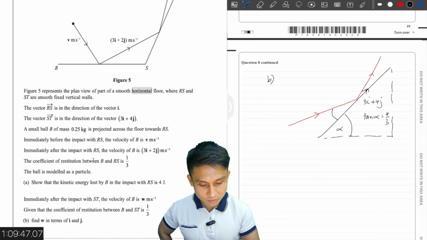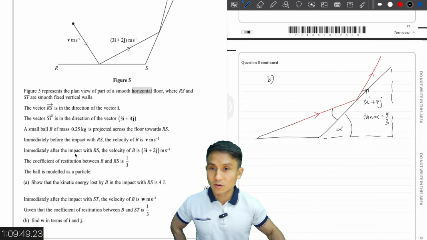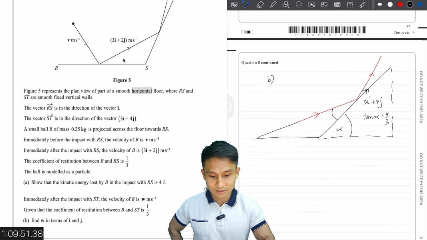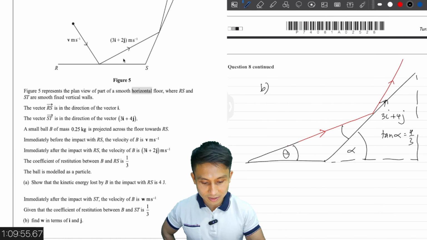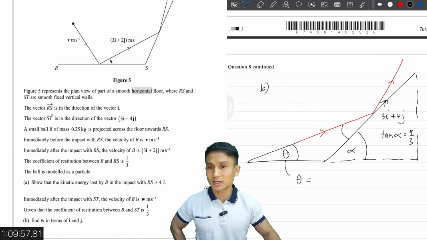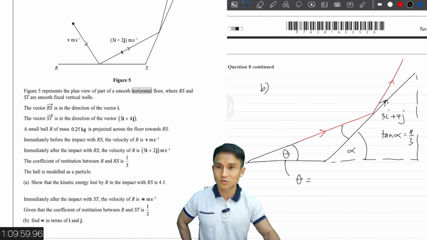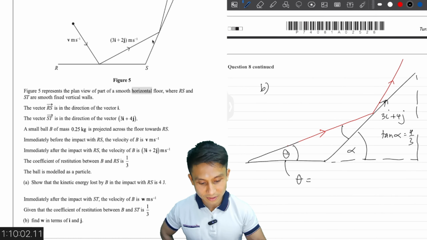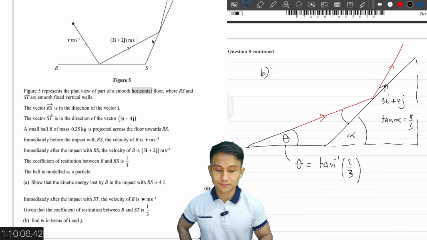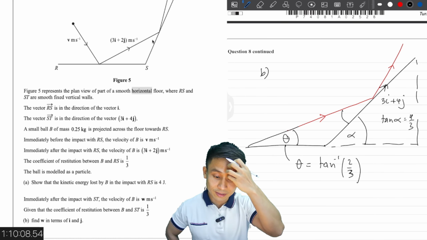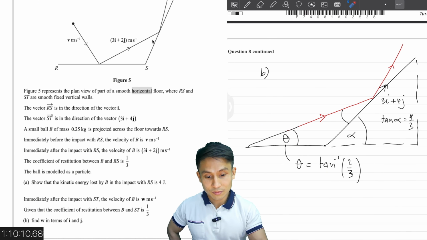So if you sort of draw out the triangle, we already know this angle right here, right? We can find that. So let's make this theta. Theta equals, again, it's this vector here, so you can do arctan 2 over 3. This angle will be that angle minus that angle, right?